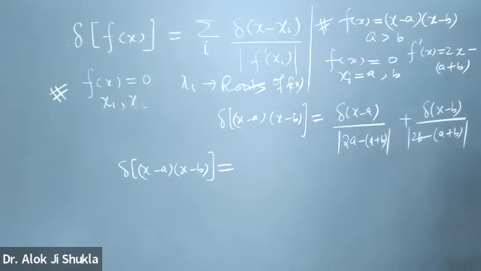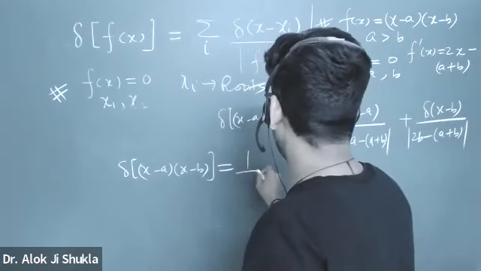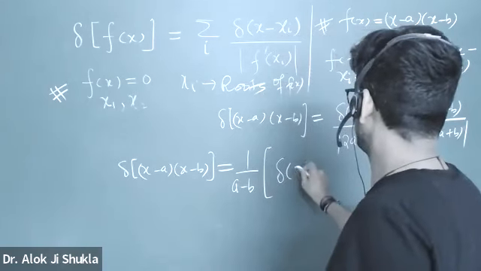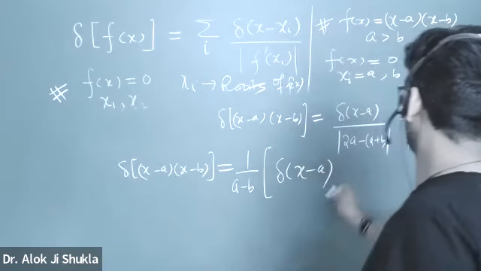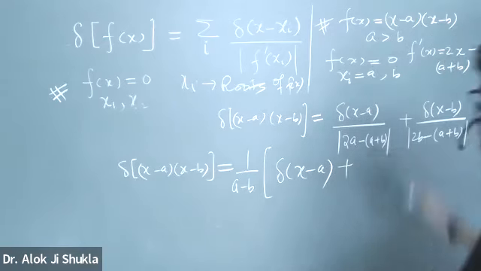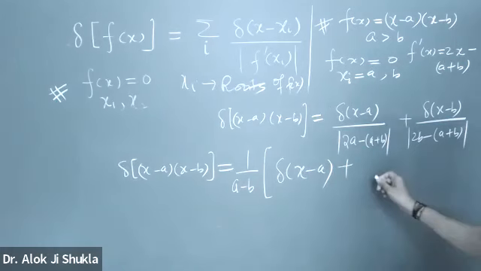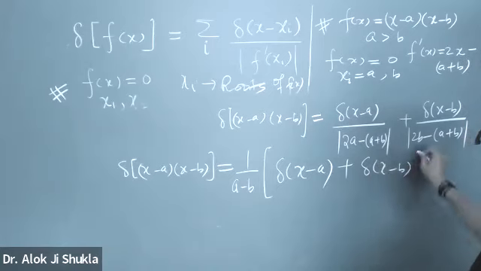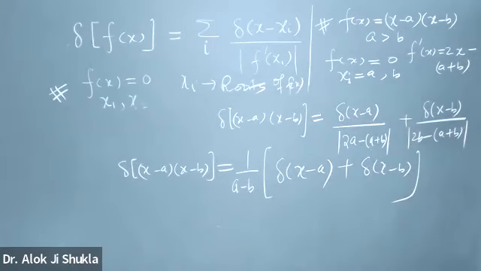A minus b, and since a is greater than b, this is positive, so I will take 1 upon a minus b here. This will become delta function x minus a plus, here we will get b minus a, but since a is greater than b, I will write a minus b. So it will become delta function x minus b. So this is the answer. Okay?